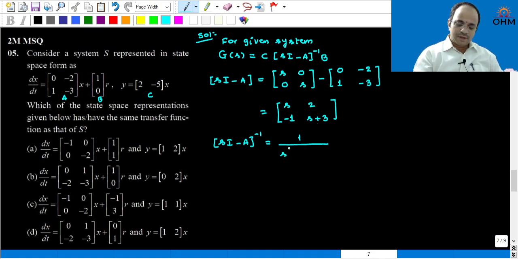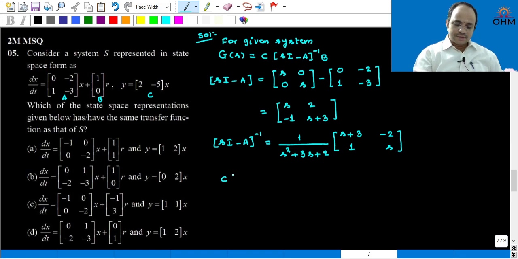Therefore, S square plus 3S plus 2. This is the determinant, the denominator. Now let us write down the adjoint. S plus 3, interchange the diagonal elements, change the sign of the off diagonal elements: minus 2, 1 and S. So this is the (SI minus A) inverse matrix.